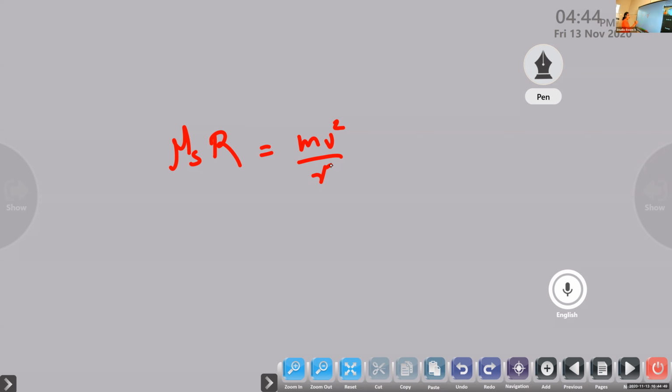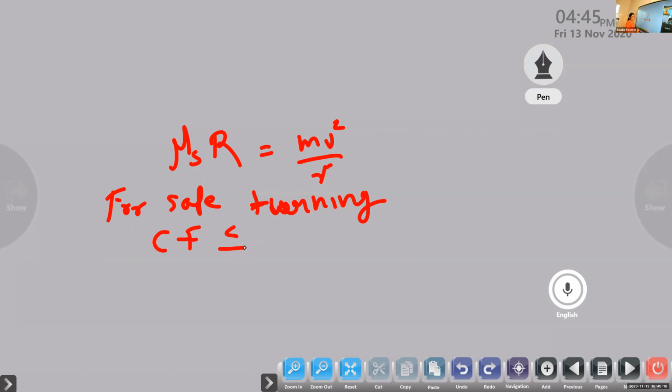Thus, for safe turning on an unbanked road, the centripetal force should be less than or equal to the force of friction.